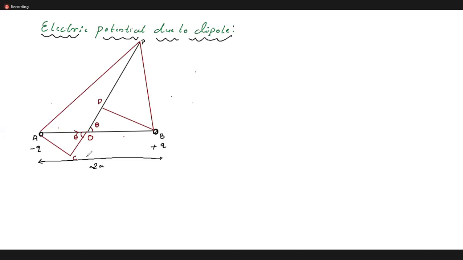Okay, from this diagram, let me write AB. What is AB here? Electric dipole. Consider an electric dipole AB with a separation.